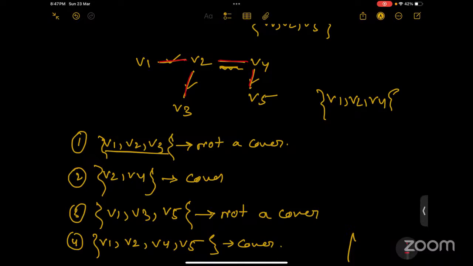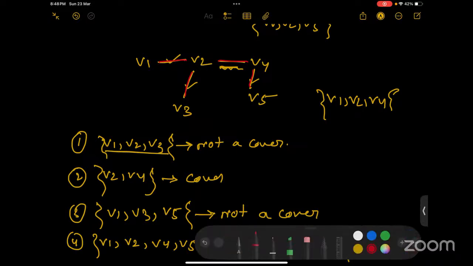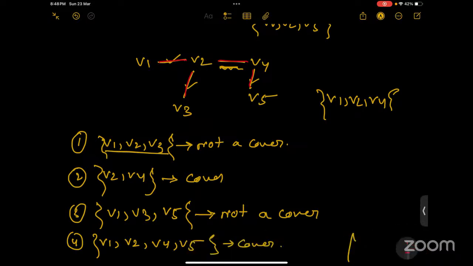You continue, madam. I'll ask after that. So the thing is, our aim is to cover all the edges. We will choose the vertices so that we can cover all the edges. You can ask your doubt. Madam, can we cover all the edges with the minimum number of vertices? Will that help us to solve the problem, or will we have to collect everything?